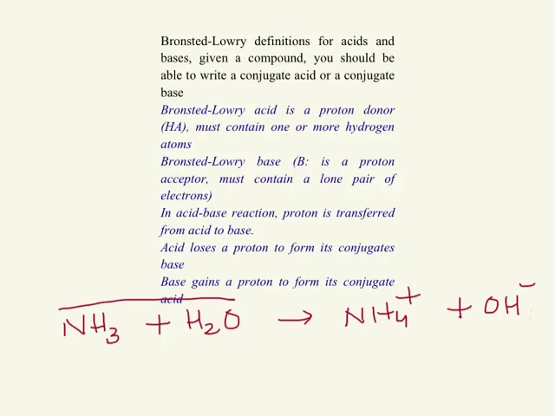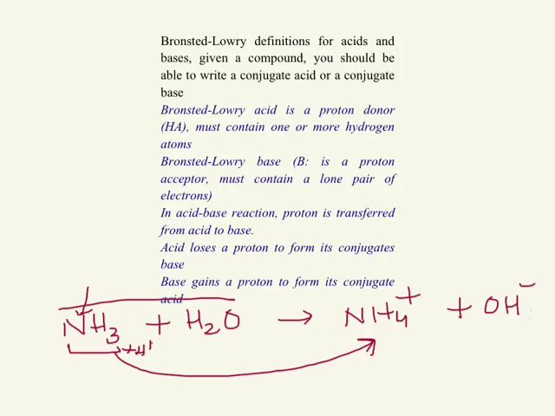So look here, NH3 on the reactant side, but on the product side, it is NH4 plus. So what's happening here? Are we adding or subtracting H plus? We must be adding H plus into that, and that's why it's getting converted to NH4 plus.